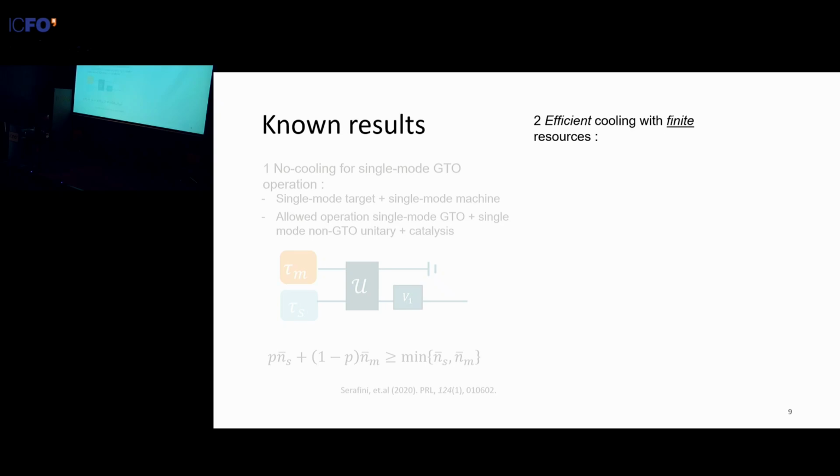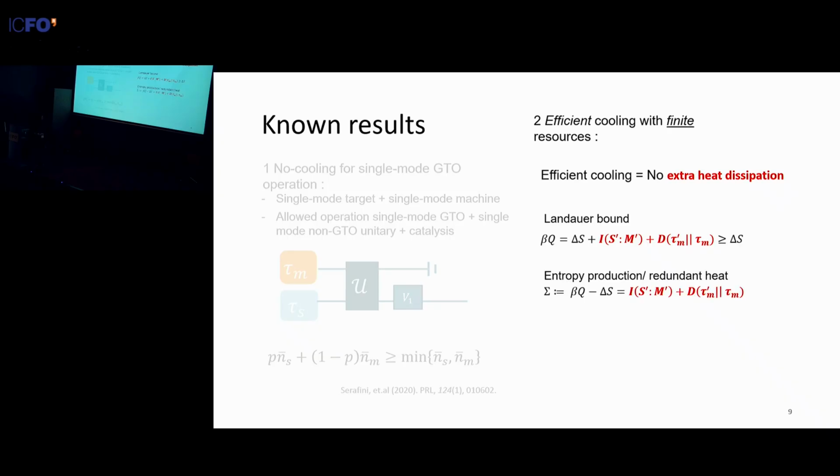The second part is about efficient cooling with finite resource. Let me get to the first part, efficient cooling. What I mean by efficient cooling is basically no extra heat dissipation, and the way we quantify heat dissipation comes from the Landauer bound. The intuitive way of understanding this is that during the resetting process, you need to reset the ancillary system.